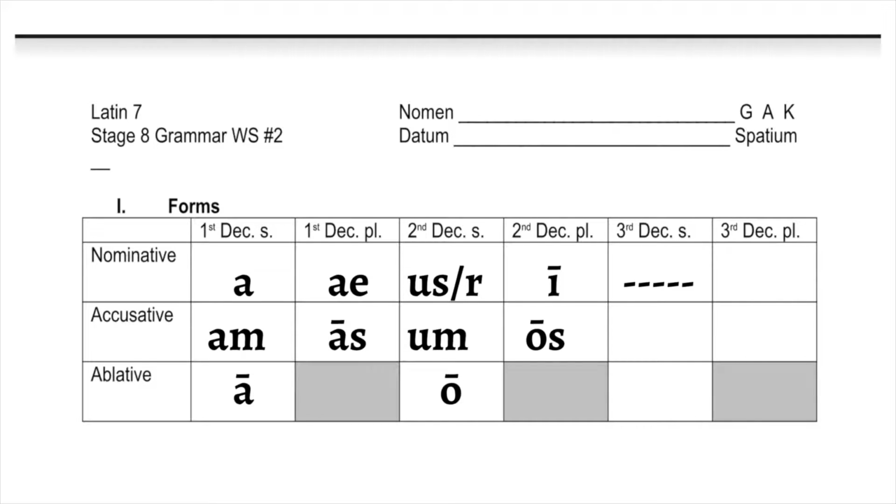But accusative singulars in the third declension are going to end in M. Ablative is going to end in E. Nominative third declension plurals are going to end in es. And tricky, the accusative third declension plurals are also going to be es. So you might be wondering to yourself, how do I tell the difference between the two? It's going to be contextual, and we've been practicing that in class.